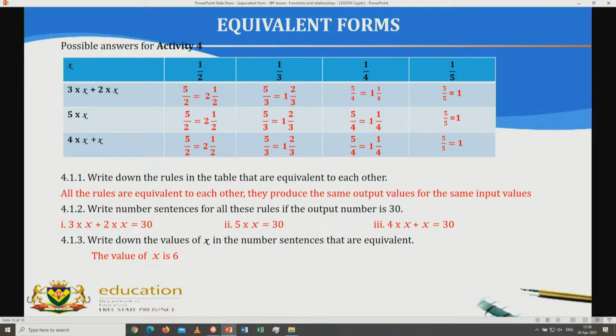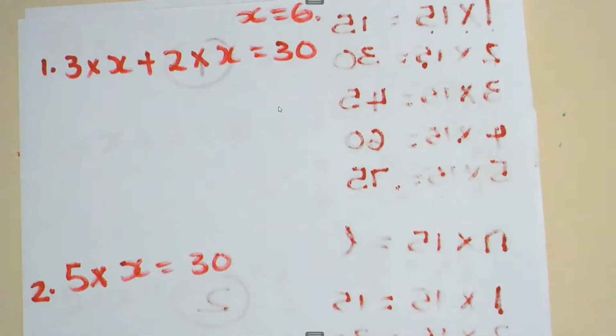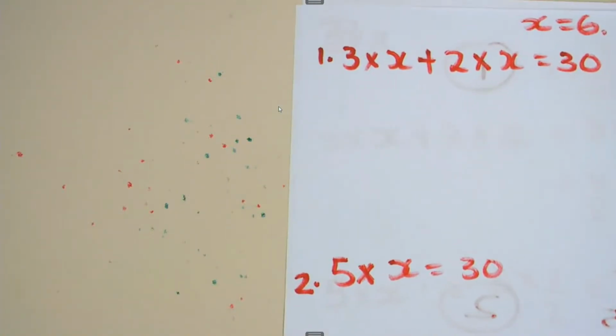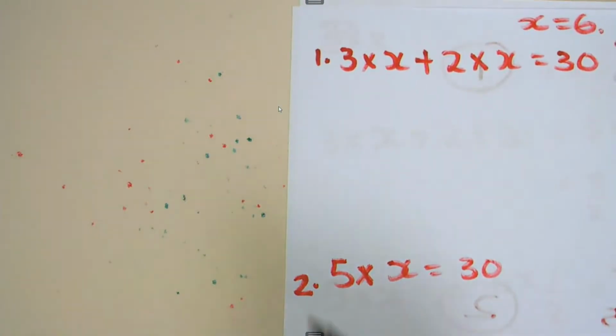And then number 3, it says 4 multiplied by x plus x equals 30. Now, remember we said the value of x is 6. We want to check if that is correct.